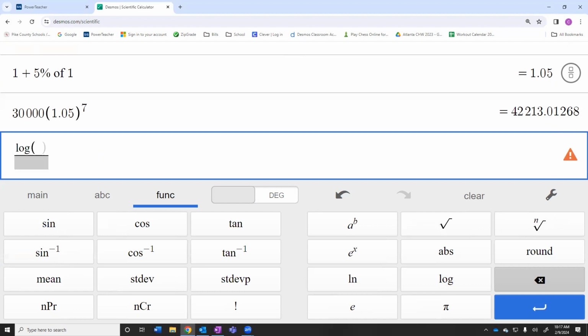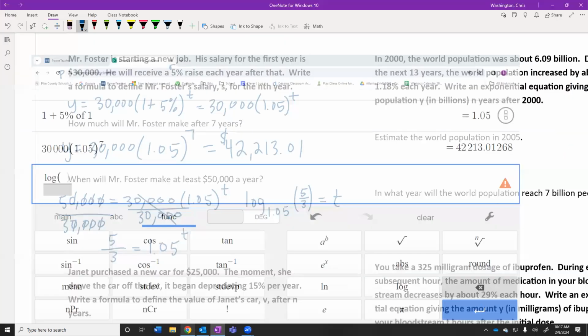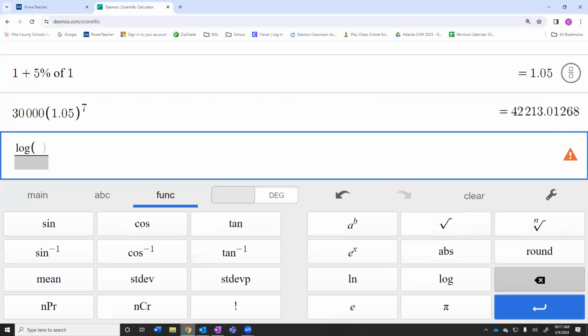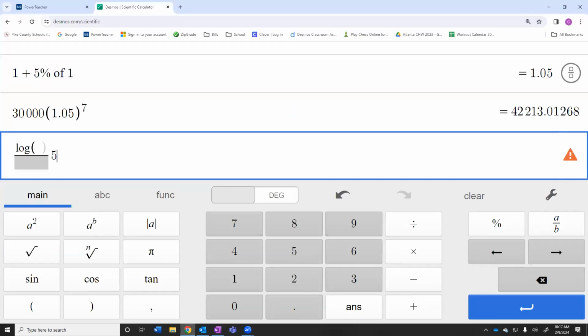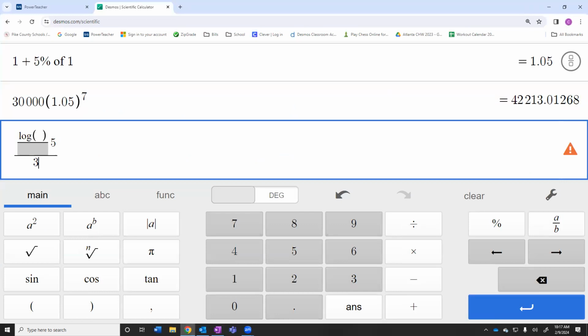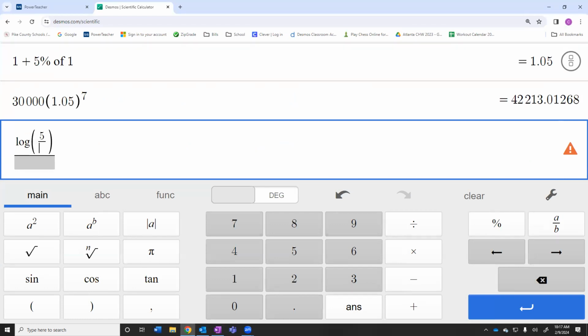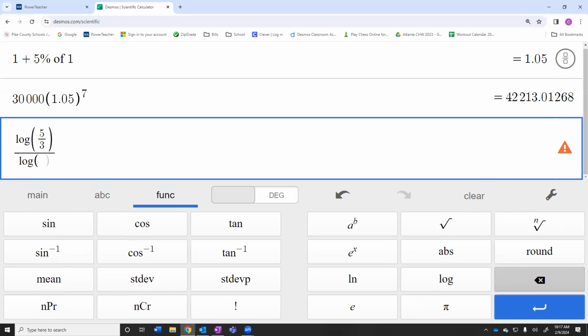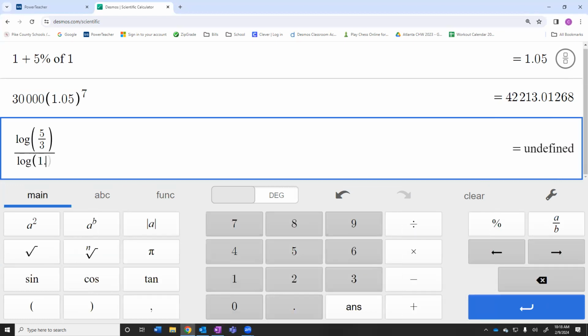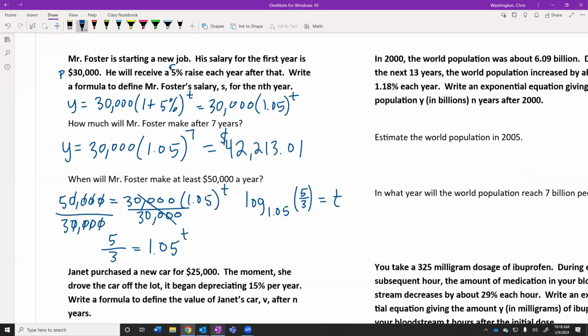We're going to type in log, and on top we want log of 5 over 3. The 5 over 3 goes inside the parentheses. And then on the bottom we get log again of the 1.05 this time. And that's going to be about 10.46 years. So T equals 10.47, we round.